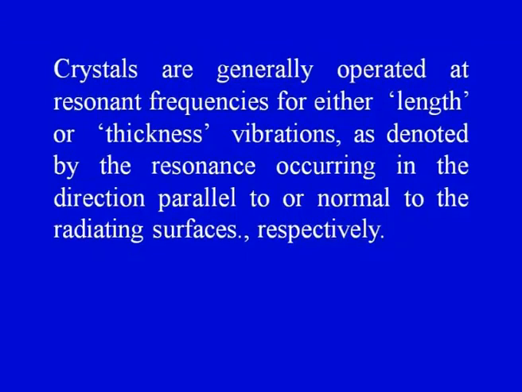You see, the crystals are generally operated at resonant frequencies for either length vibrations or thickness vibrations, as denoted by the resonance occurring in the direction parallel to the length, then it is the length vibrations, or normal to the radiating surface, then they are thickness vibrations.